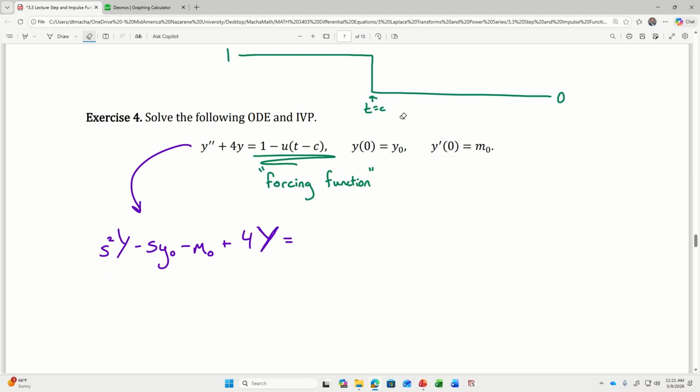By the way, I forgot the Laplace transform of 1 isn't 1. It's actually 1 over s. And then the unit step function has Laplace transform e to the negative cs, 1 over s.